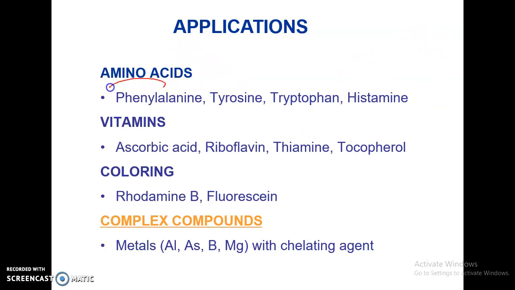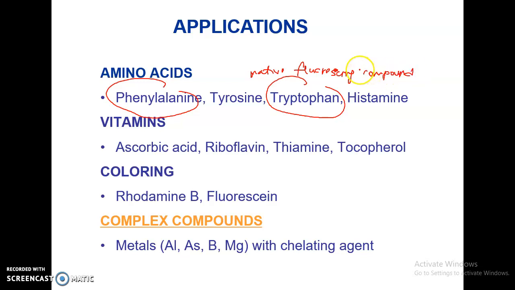Application: phenylalanine and tryptophan are native fluorescing compounds. They are readily fluorescing, meaning if you look at the structure, you can have a look on Google, they have at least one benzene ring inside.